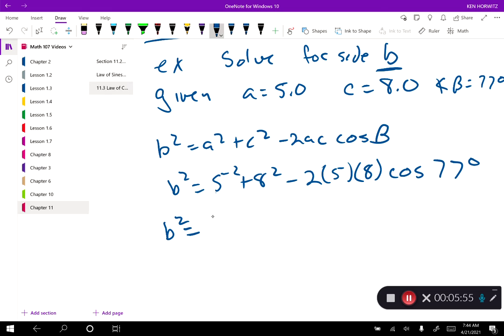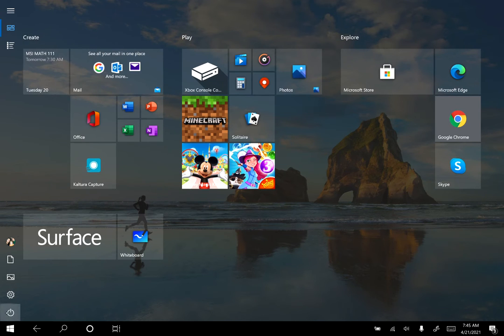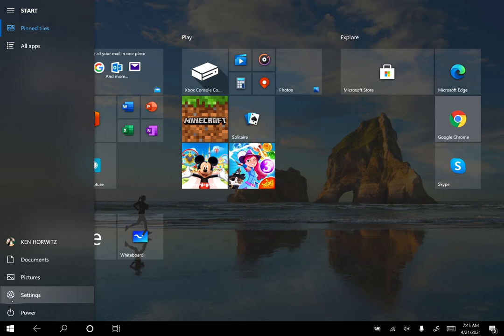And we got 5 squared, I got 25, plus 64, minus 2 times 5 times 2 is 80, cosine 77 degrees. All right, at this point, why don't you use a calculator to solve the rest.